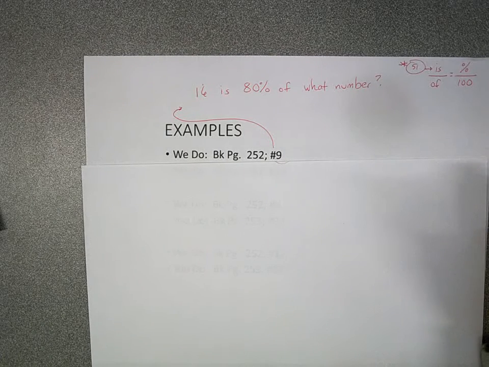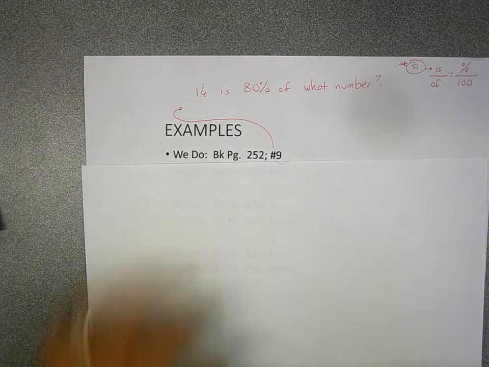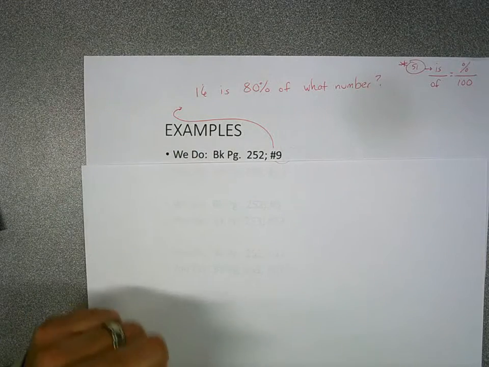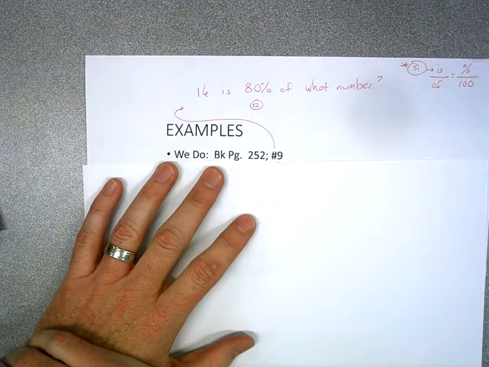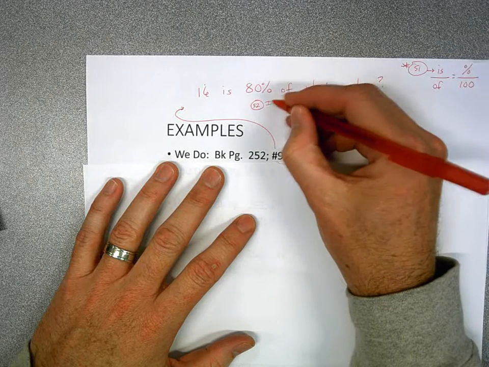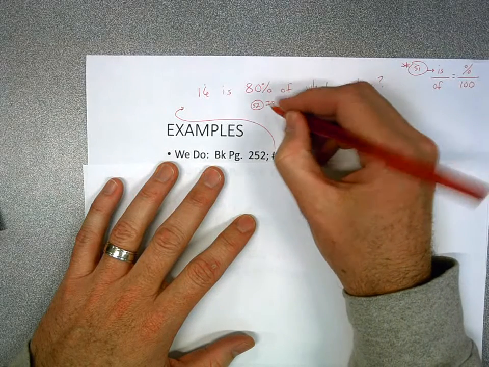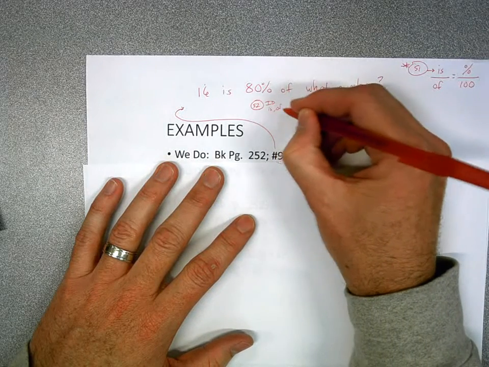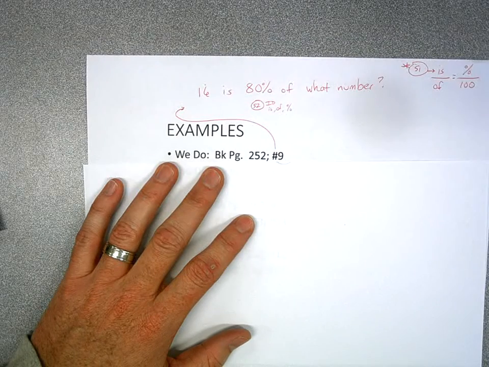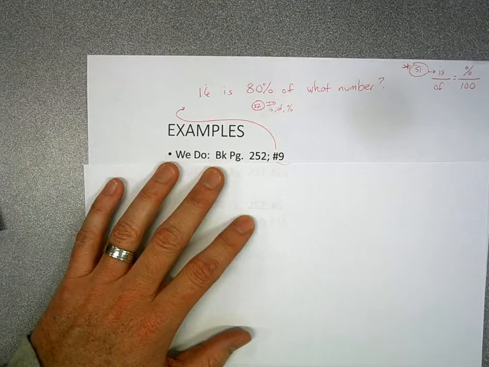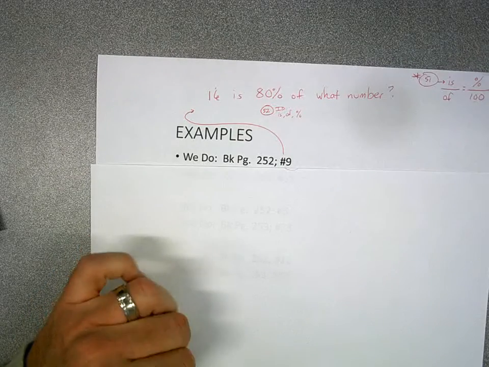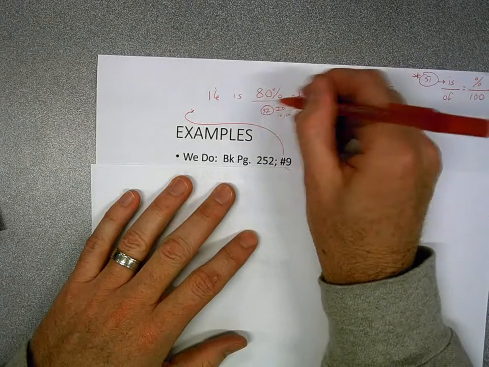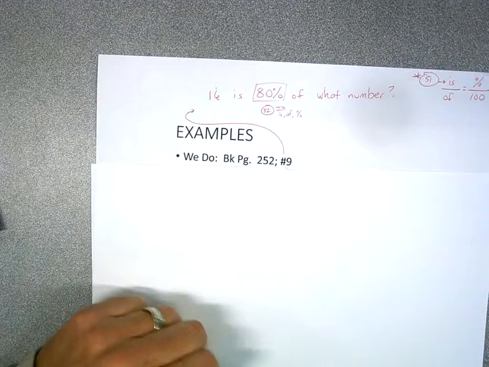So here's what we're going to do next. Step 2 is you're going to identify your is, your of, and your percent. First of all, here is our percent, nice and easy: 80%.